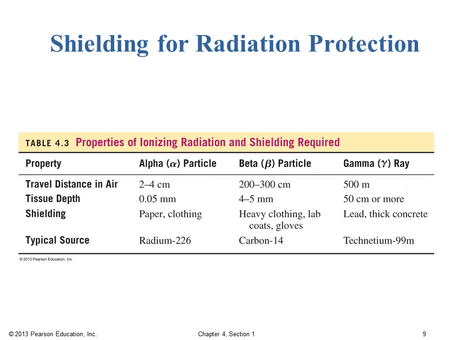And so this is just a table showing the ways to protect yourself from these different radiations. You can see that alpha particles can't travel very far in air, and they're not going to penetrate very far into your body, and you're very easily shielded away.